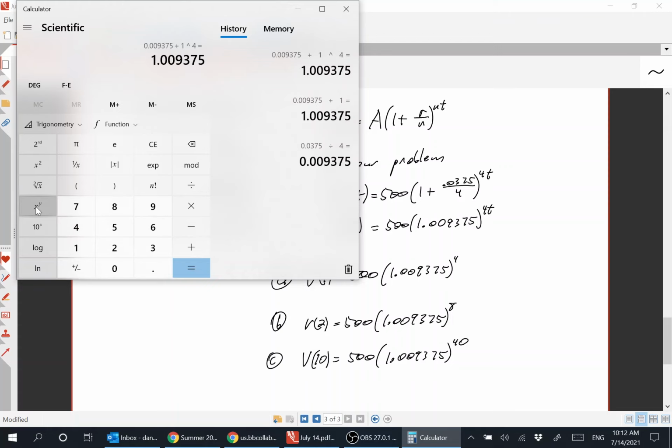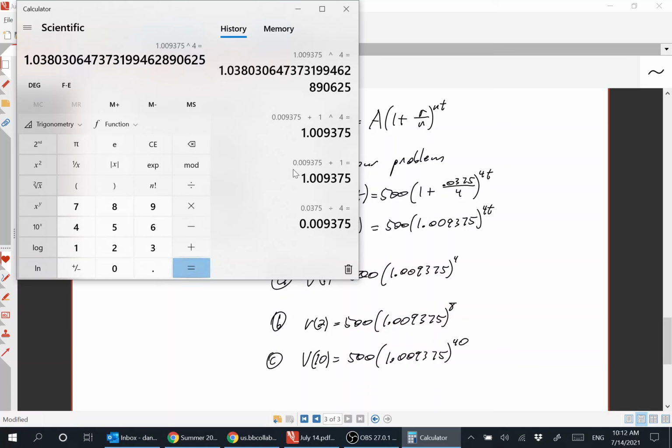So to the 4th power, oops, that didn't work, did it? 1.009375 to the 4th.